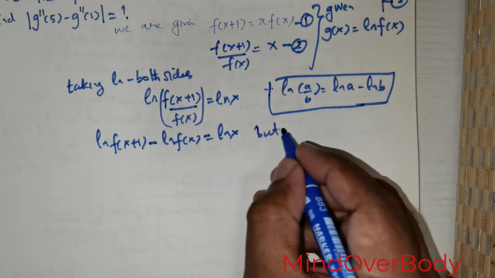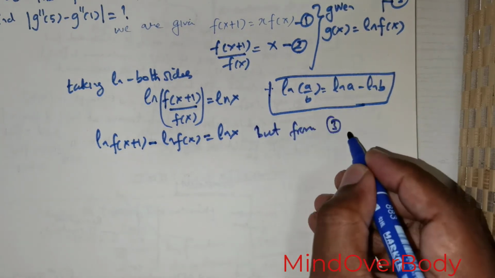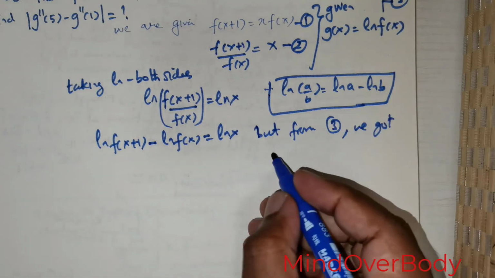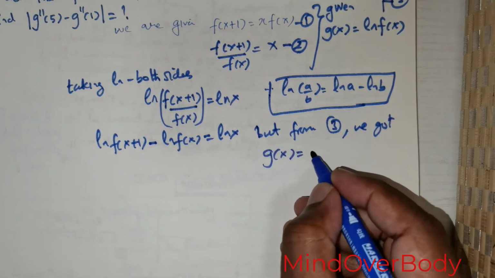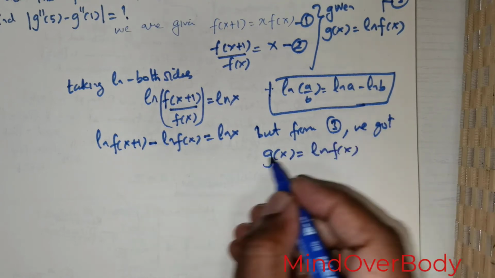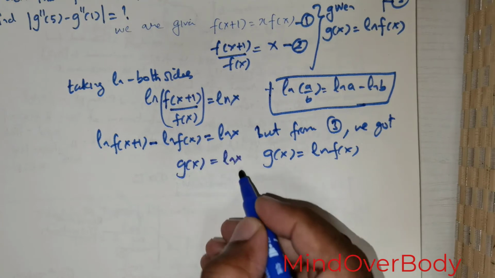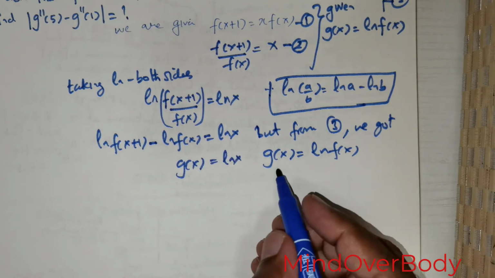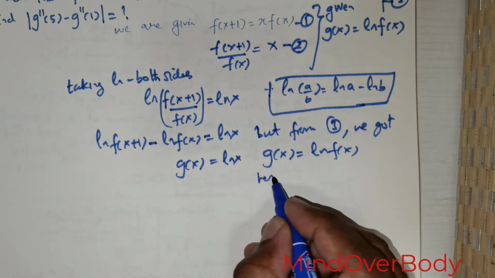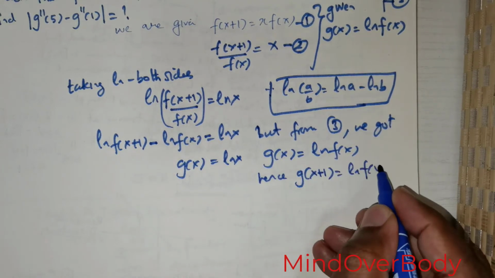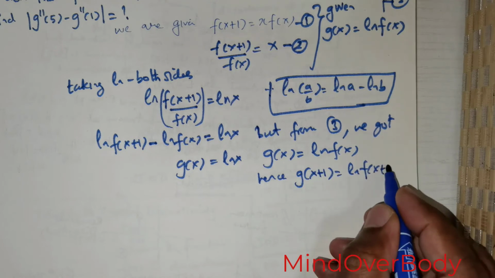But from 3, what exactly do we have? From 3 we got g of x is equal to ln of f of x. So this is going to be g of x and this is ln x. Now g of x is this, hence g of x positive 1 is equal to ln of f of x positive 1, right?